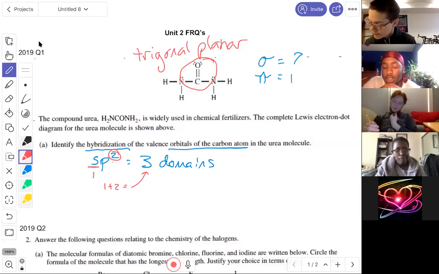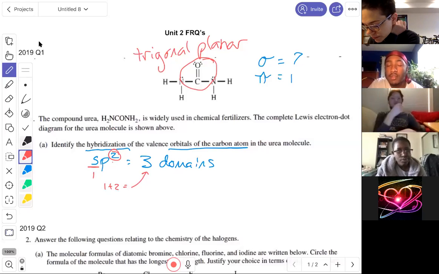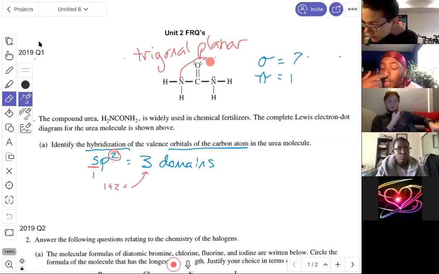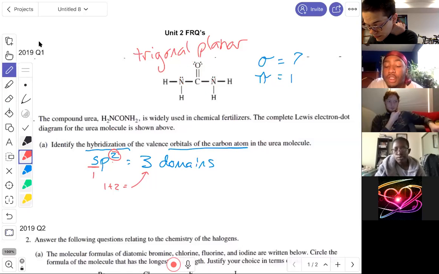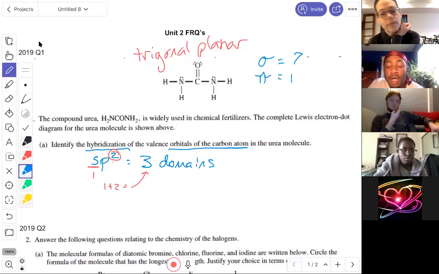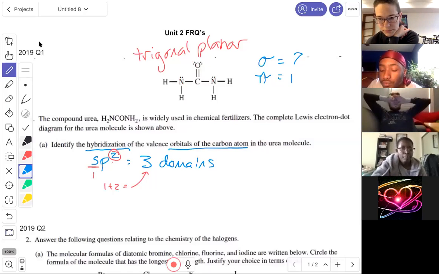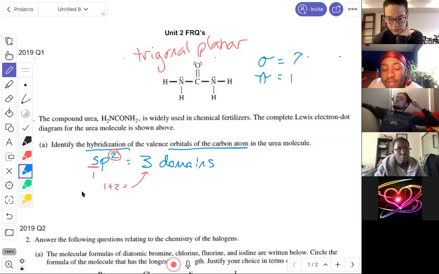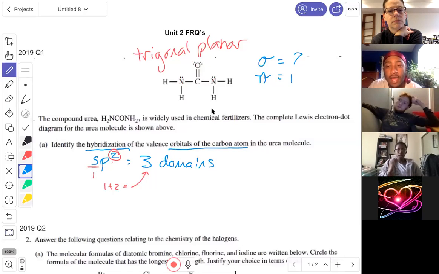Yes, Sean. The chart in the collaborative notes has geometry of electron pairs and geometry of atoms. So for instance, if it has two bonds and one lone pair, it's still sp2 for the orbital hybridization, but it has trigonal planar geometry of electron pairs and bent geometry of atoms.